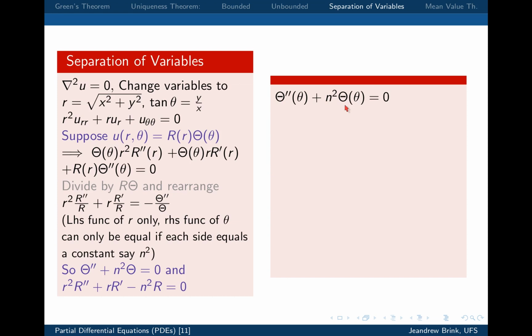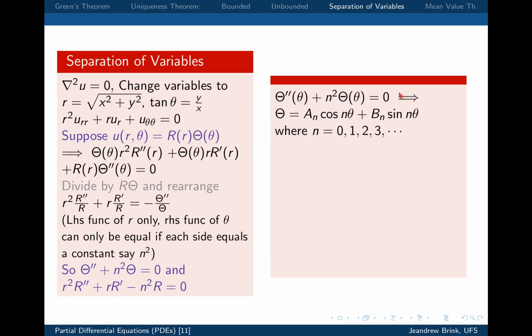So you can integrate that twice, and you can show that the unique solution is constituted out of two independent solutions, so for a given n you have a_n cos n theta plus b_n sin n theta. And n can be any constant, right? Because you need to have it periodic in 2 pi, since we're dealing with polar coordinates, so n is any integer.